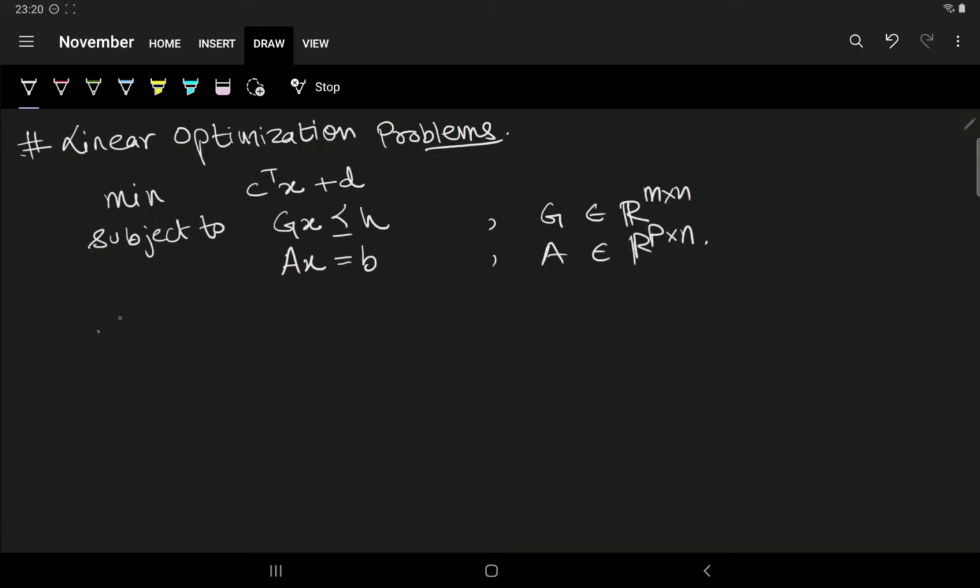We call these kinds of problems a linear program, or in short LP.